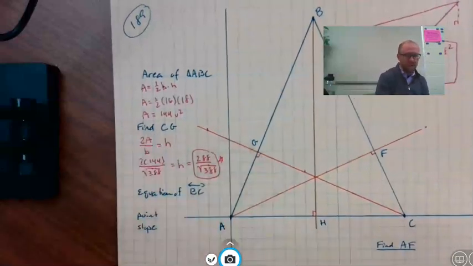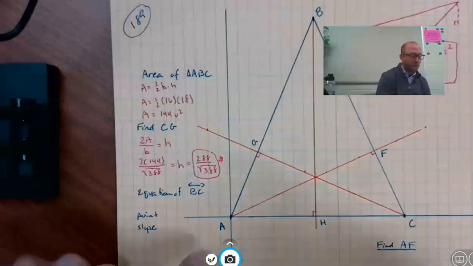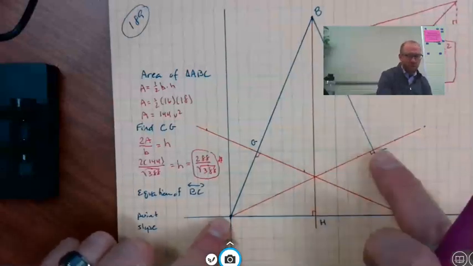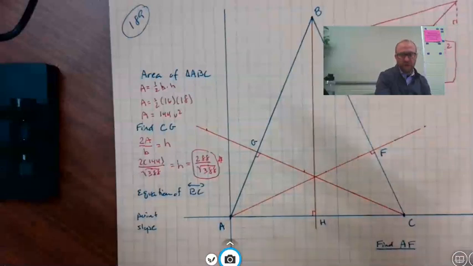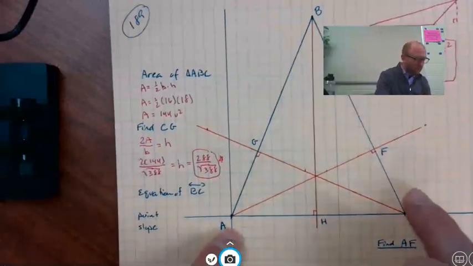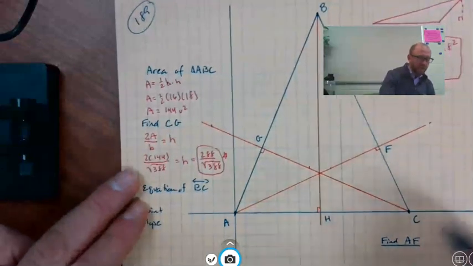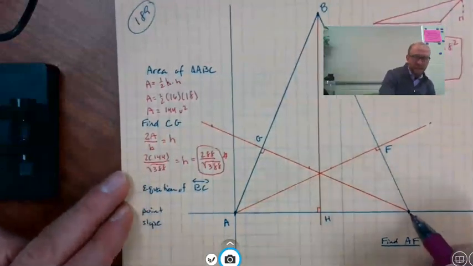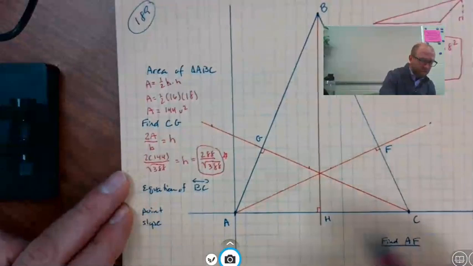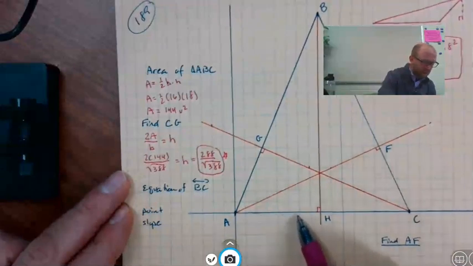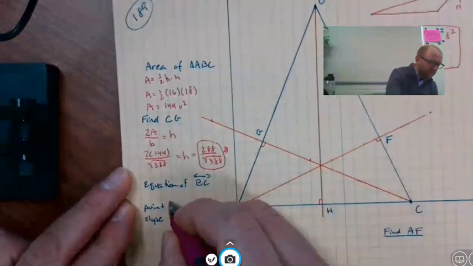We found CG. So now we're going to find it the hard way, but we're going to do this one over here instead. Right? But they're the same length because this whole thing is symmetrical. So let's see. First we need to find an equation for BC. A point it passes through is, let's see, 1, 2, 3, 4, 5, 6, 7, 8, 16, 0.